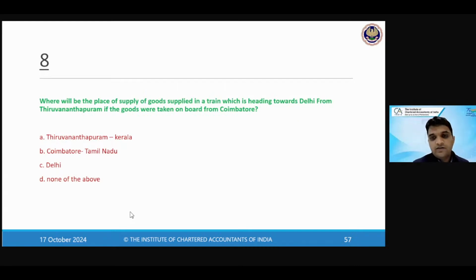Correct. Very rightly put. Where it is loaded is important. So loading happened in Coimbatore, so that will be the place of supply. The goods are loaded at Coimbatore, so the place of supply will be Coimbatore.